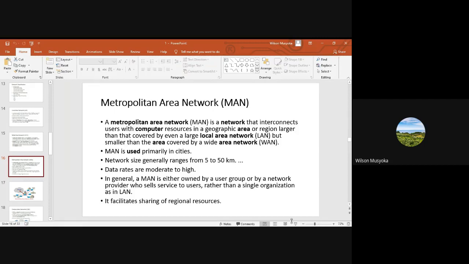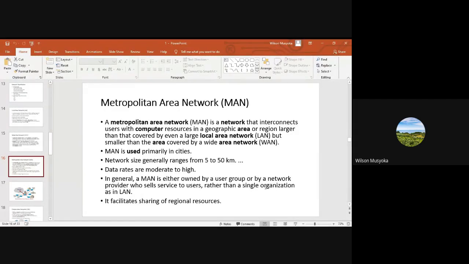For example, you could be sharing an access point from a single service provider, an ISP. If it is within a town, you could find all the users within that town connected to one ISP. At one point, they will be connected to that access point or router, and that router creates a metropolitan area network covering a larger area than a local area network, but a smaller area than a wide area network.